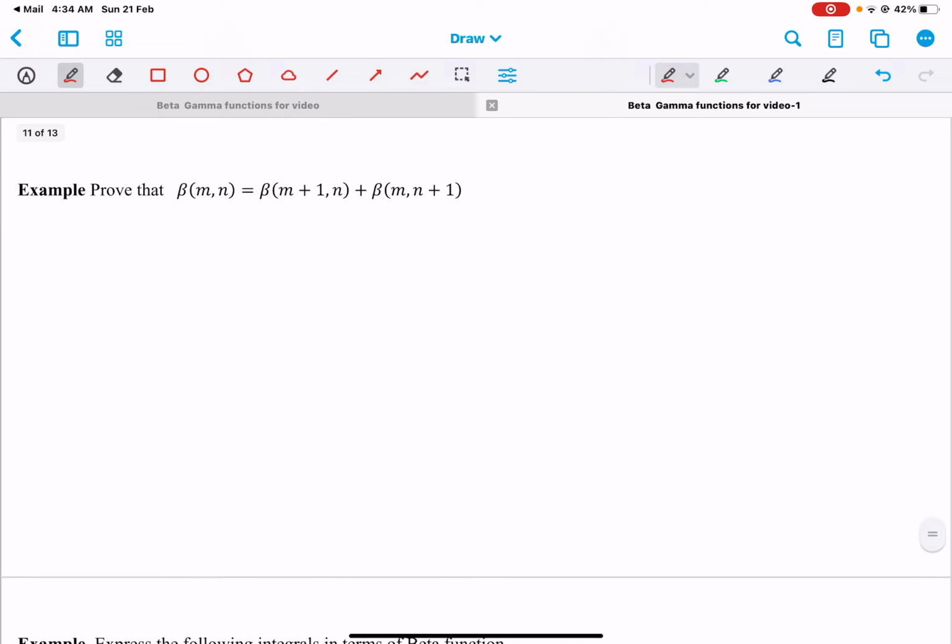Now here is another important type, that beta m plus 1 n plus beta m n plus 1 is given by this. I always prefer to solve these types of questions using the beta gamma relation.